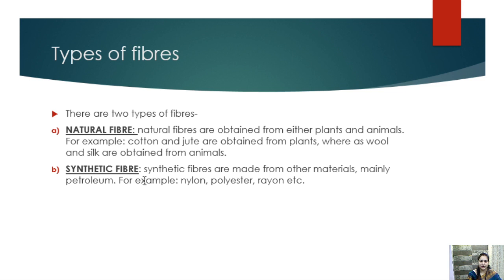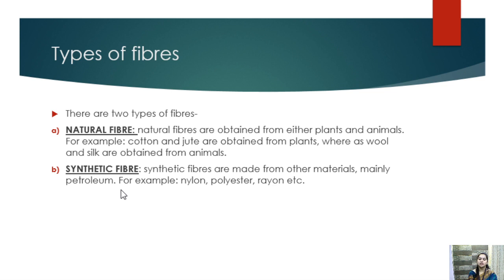We know that natural fibers are obtained from plants and animals, for example cotton and jute, and silk and wool. Synthetic fibers are made from a material, mainly petroleum. Examples of synthetic fiber are nylon, rayon, polyester. These are synthetic fibers.